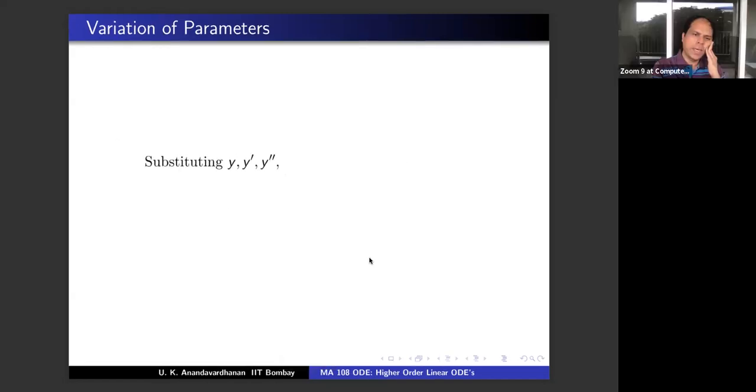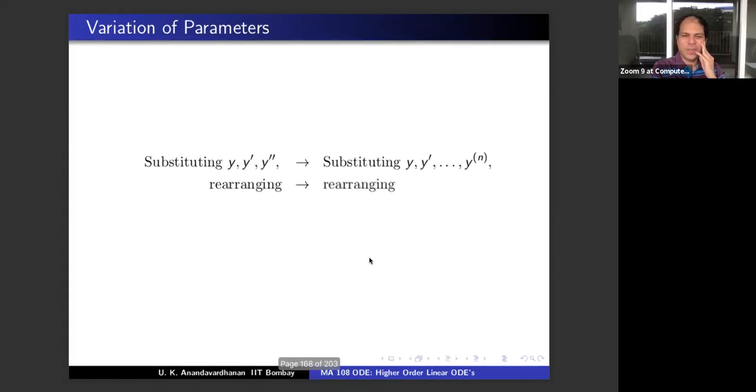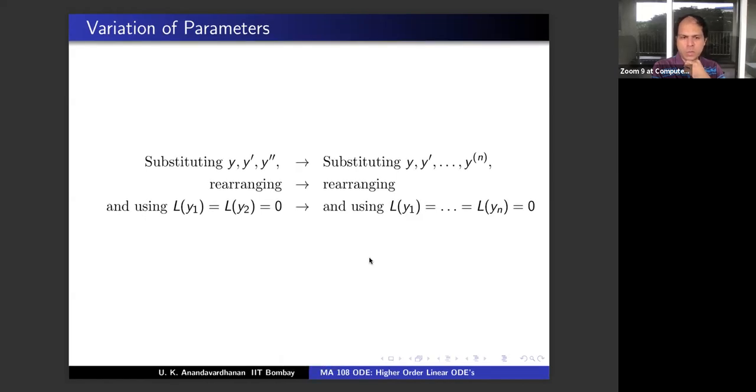So that's what we are saying here. Substituting all this, you are substituting by up to nth derivative. And rearranging, what is the substitution here? Nothing. I mean, you have to rearrange. So rearranging and using Ly1 equal to Ly2 equal to 0, here you are going to do Ly1 equal to 0 up to Lyn equal to 0.